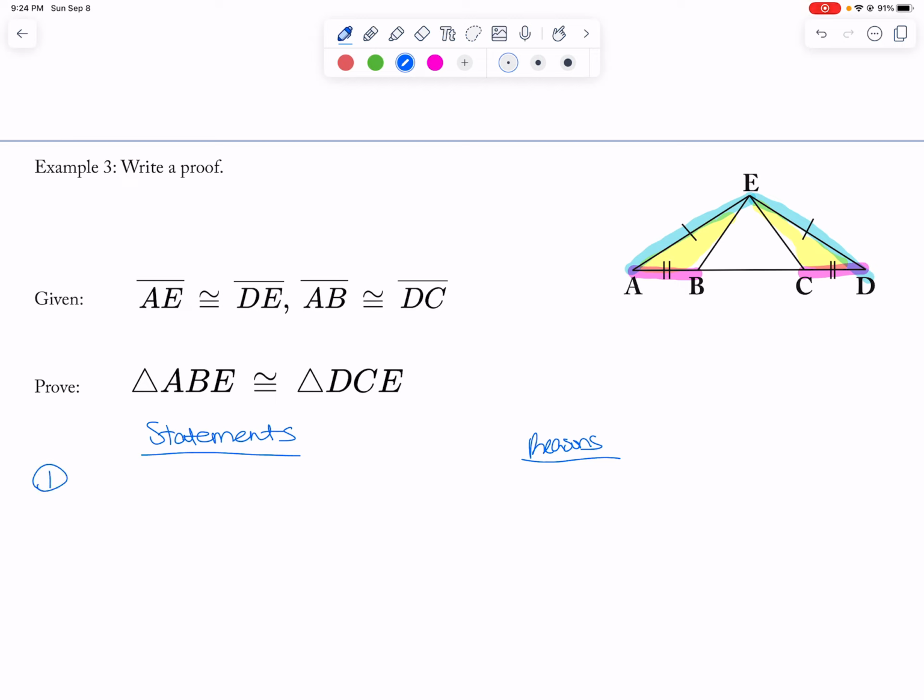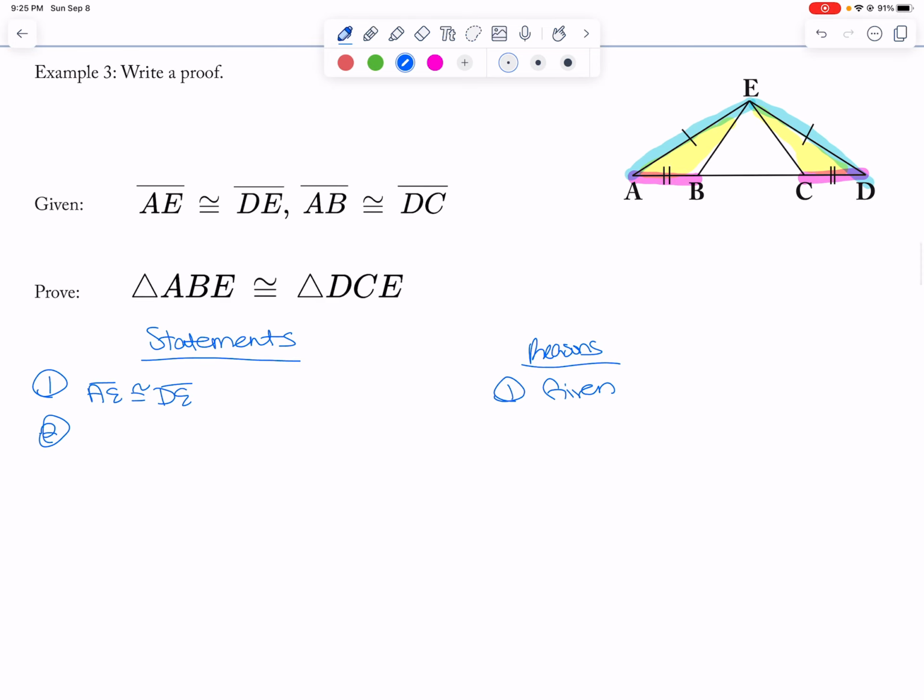All right, so 1, AE is congruent to DE, and that's given. Then 2, angle A is congruent to angle D, and that's by the isosceles triangle theorem.